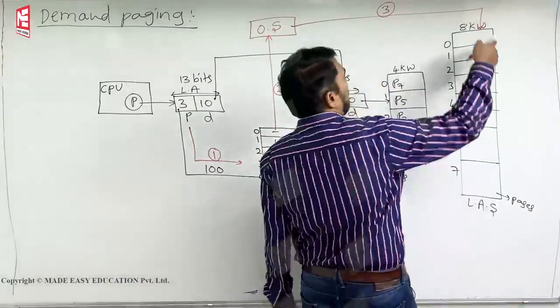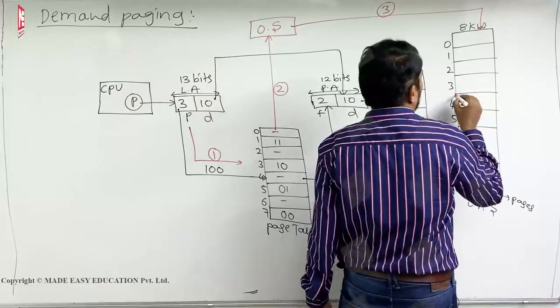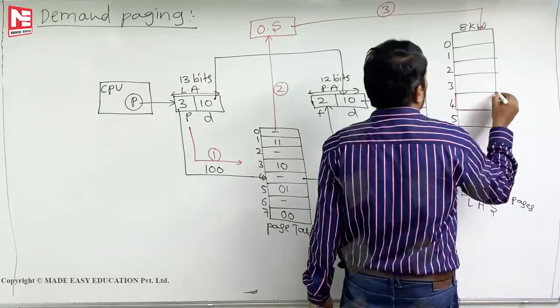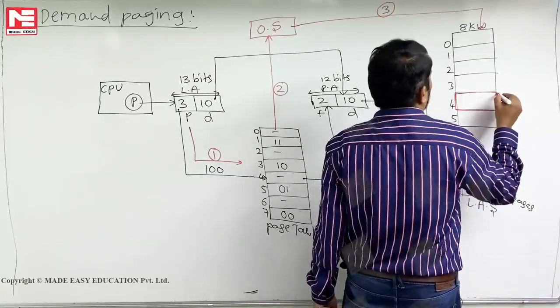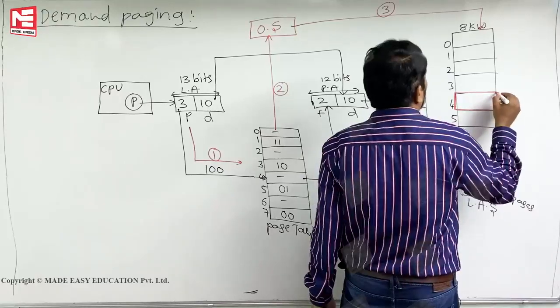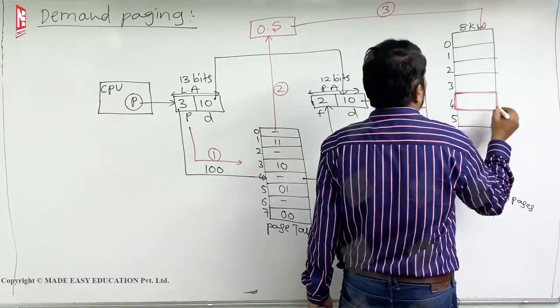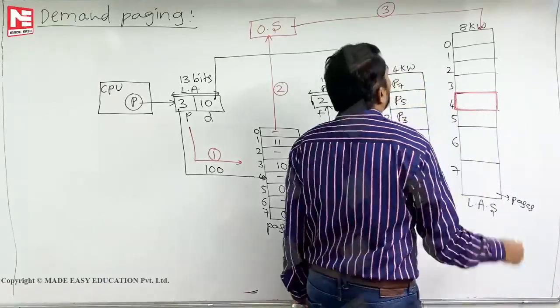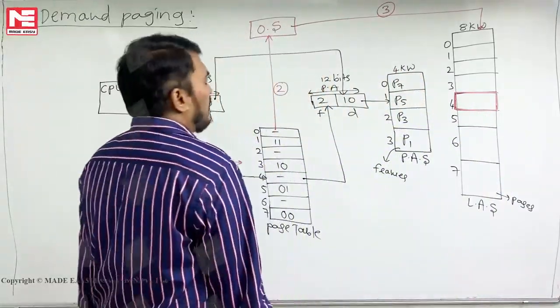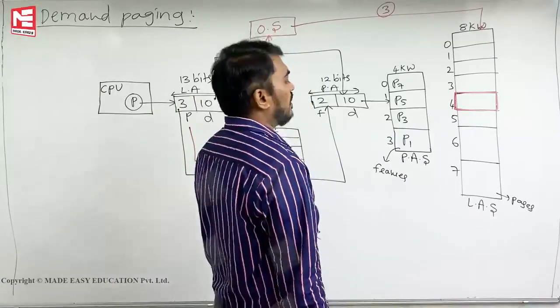Which one is the required page here? This is the required page. Let's say page number 4. So this is the required page in the LEAS, page number 4. Now what will happen in the next step?